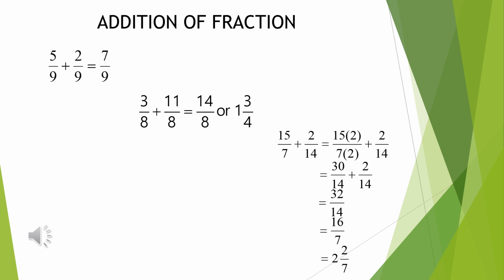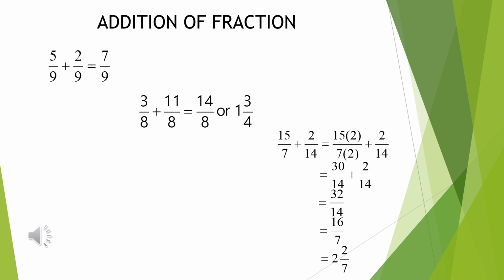15/7 plus 2/14. You will notice that we have different denominator. Since we have different denominator, we need to find the LCD of 7 and 14. The LCD of 7 and 14 is 14. Now, we are going to change the given fraction into a fraction having the same denominator.